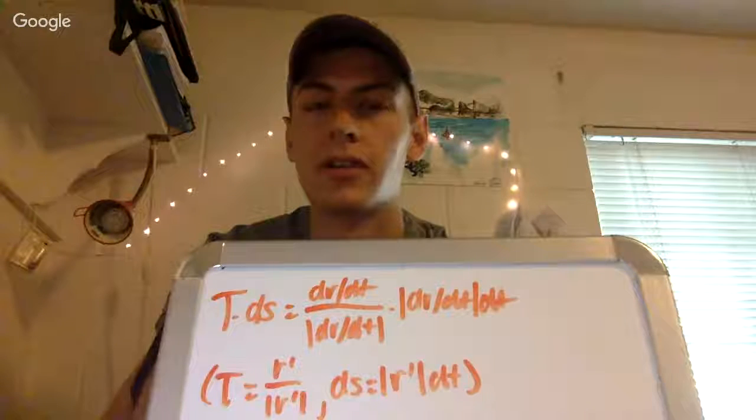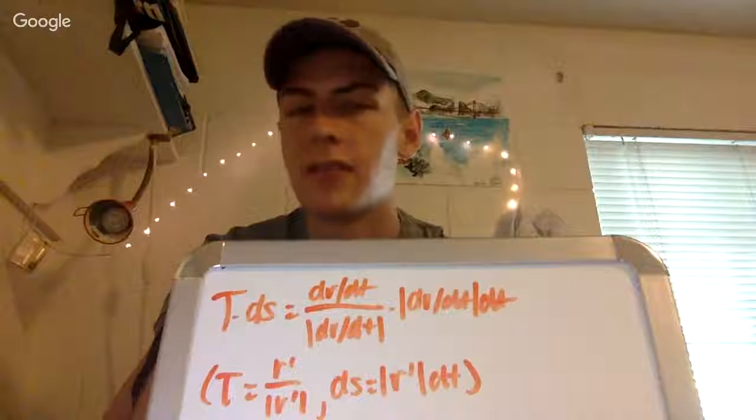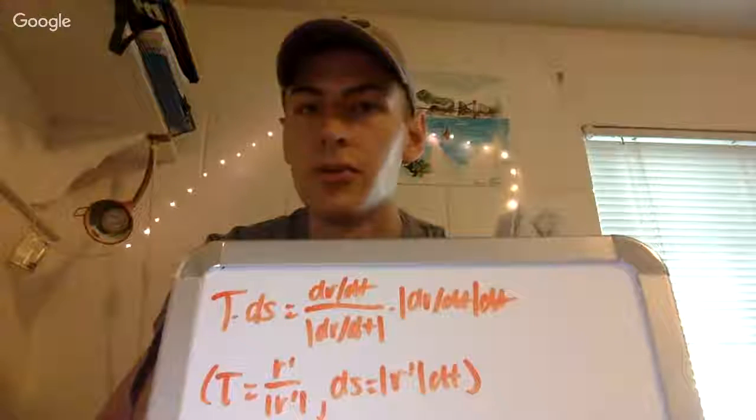And so it all cancels out to be ds times unit vector T equals dr. It's essentially the change dr, the magnitude of that, but in the direction of r again, because that's what T is. It's the direction unit vector of r. So it's just the magnitude reoriented to its original position. So T ds is just dr.